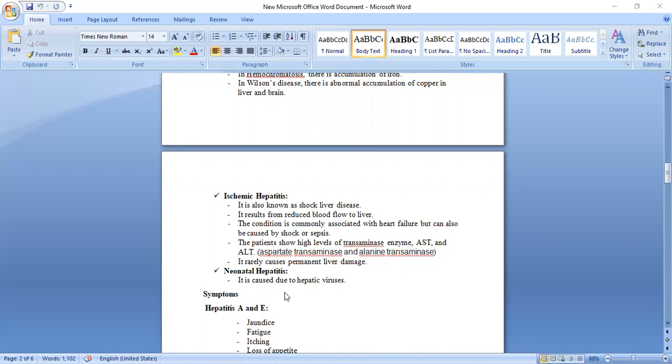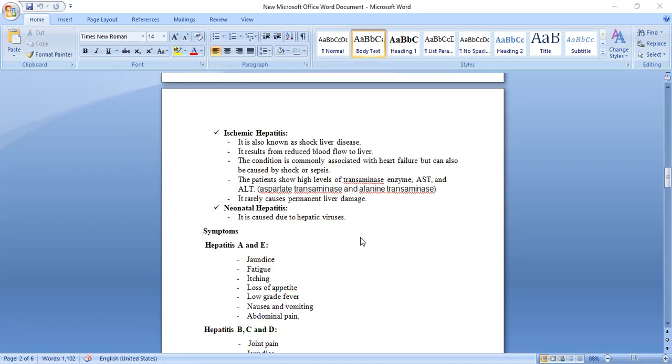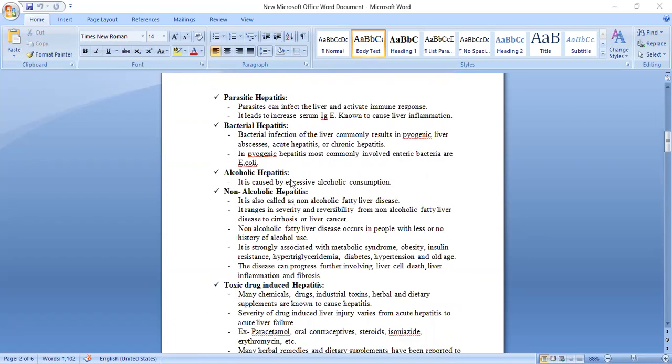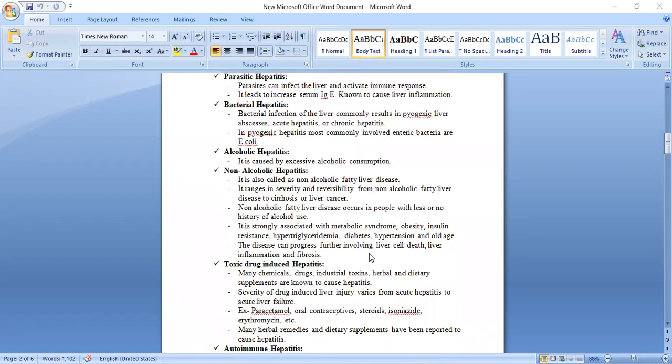If during birth the virus affects the baby, this is called neonatal hepatitis. It is due to the hepatic viruses. This is all about the etiology, the different causes of these types.